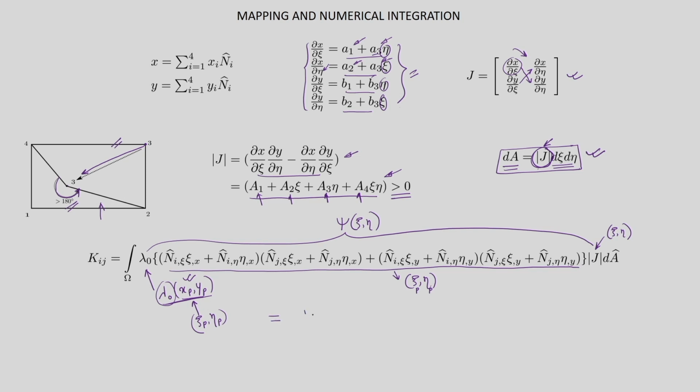We evaluate this psi at certain points called Gauss points in the master element, multiply with the corresponding weights, and sum it up over all the Gauss points to calculate Kij numerically. The same way we can calculate the force entries also, because in that case derivatives are not involved, only the shape functions. So, we can calculate the shape functions at those Gauss points and we can calculate the Fi's.